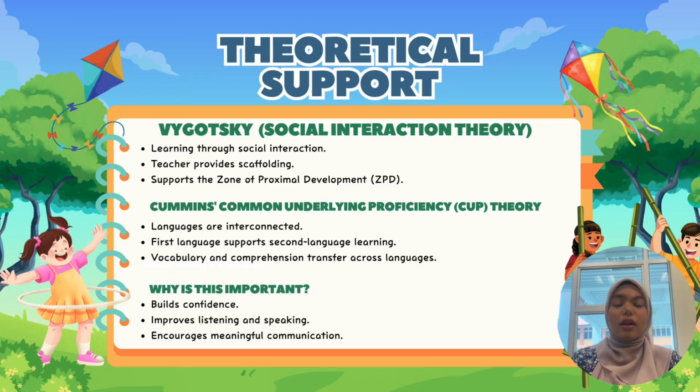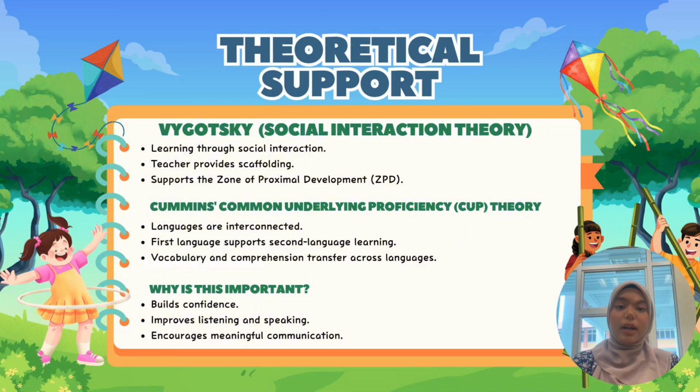For example, if a child already knows apple in Bahasa Melayu, learning the English word apple becomes easier because the concept is already understood. Therefore, the first language is not a barrier but a strong foundation for learning English.